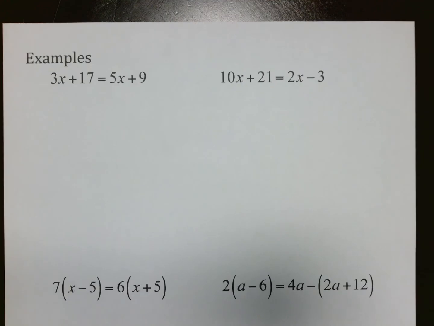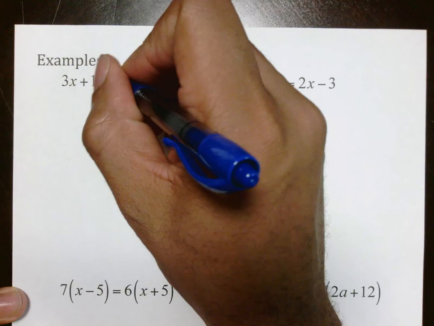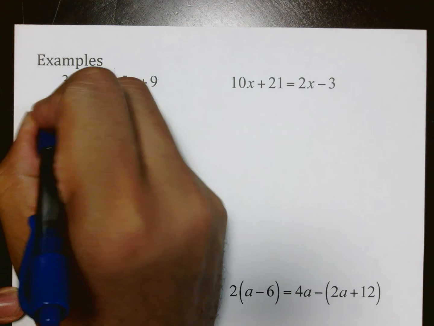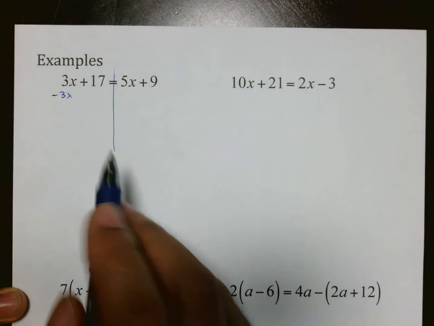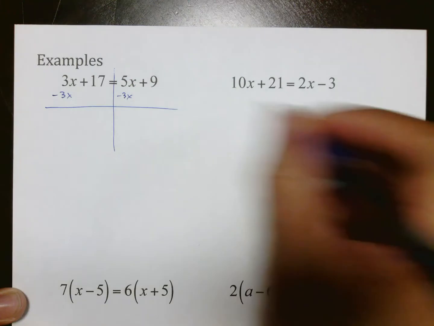But looking at these examples, talking about 3x + 17 = 5x + 9, again you have a 3x and a 5x. The easiest thing to move, or the smallest thing to move, is the 3x, so we'll subtract 3x by using its opposite. That is a positive 3x, so we'll use a negative by subtracting 3x from both sides.